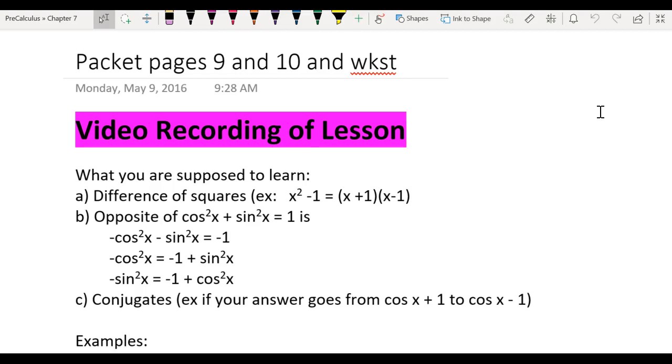You also need to recall that sine squared of x plus cosine squared of x equals 1, that cosine squared of x equals 1 minus sine squared of x, and that sine squared of x equals 1 minus cosine squared of x. Okay? Those are all things that we have talked about so far.